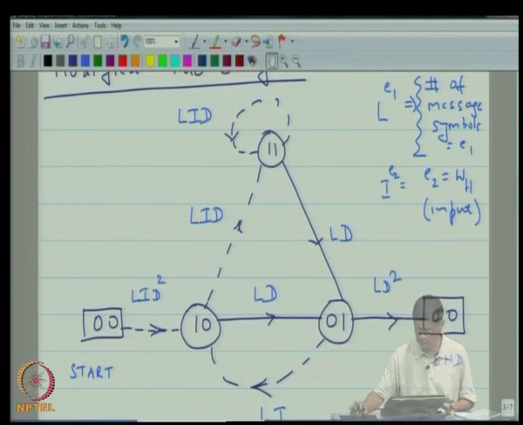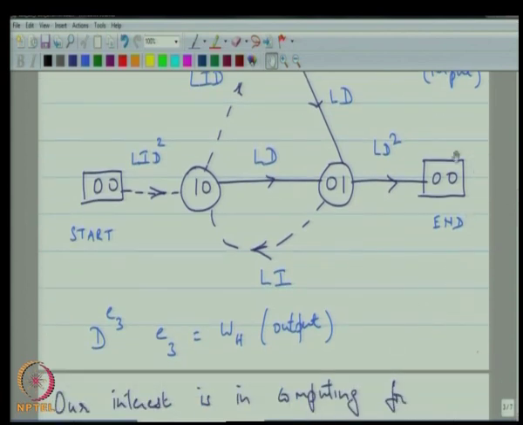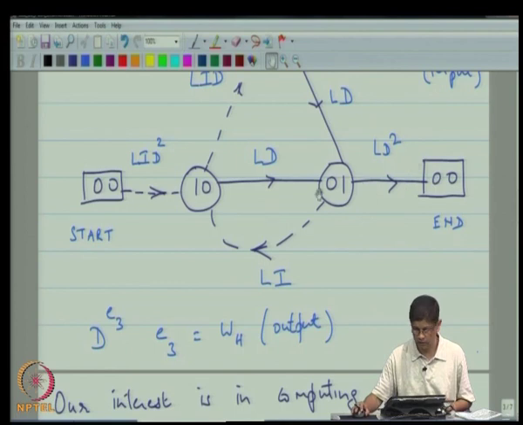The reason being that the only input to the end state is precisely 0 1. Okay.